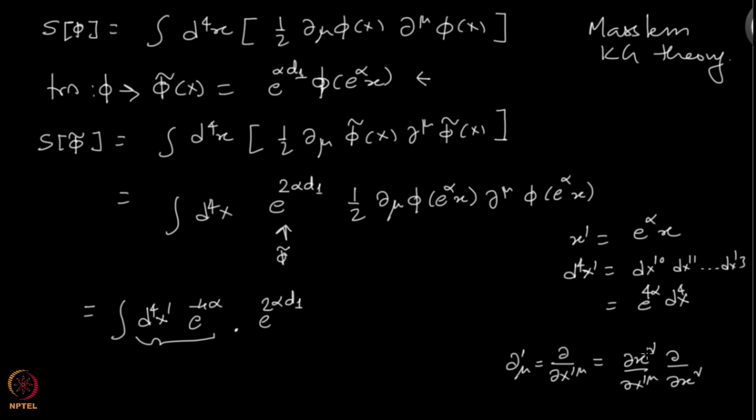This piece you can read from here. So del x nu over del x prime mu will give you e to the minus alpha, times the Kronecker delta. So this will give you e to the minus alpha del mu.